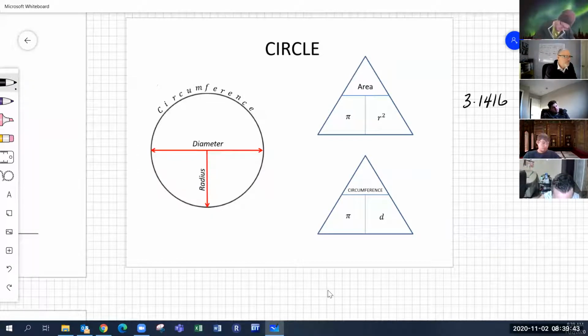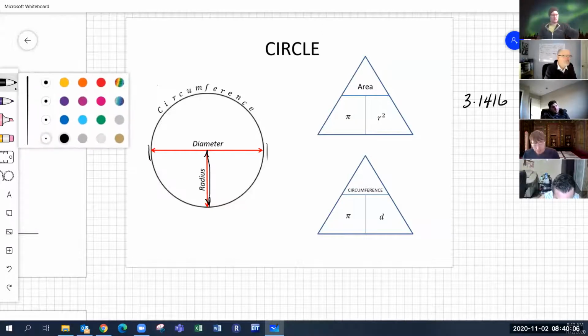Now, the diameter of the circle is the distance across. It is very much the distance across the circle itself or the cylinder or whatever it is, and the radius is half of the diameter. That's pretty straightforward. I don't think that is new information to anybody.